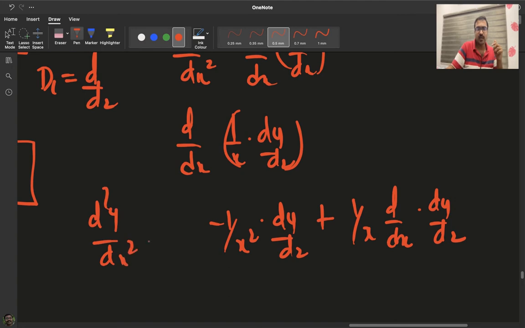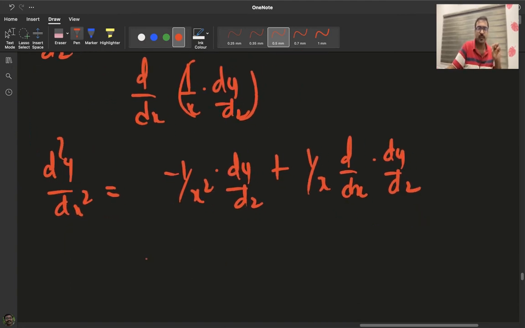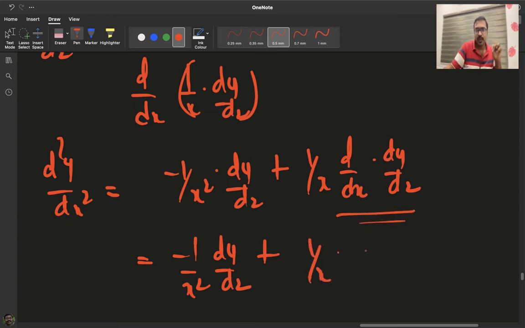These are basically elementary calculations. The derivation is not required for you, but I'm showing it for your information. So it is minus 1 by x square into dy by dz. I convert the second term in terms of z: 1 by x into d by dz of dy by dz into dz by dx, applying the chain rule.